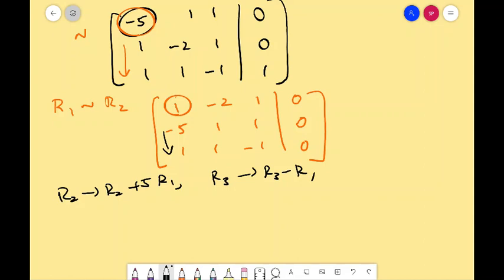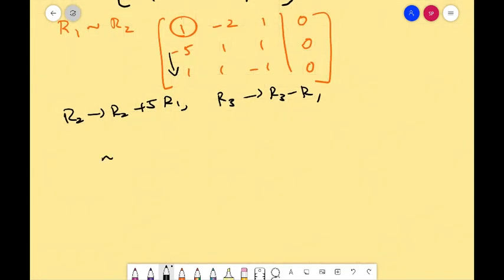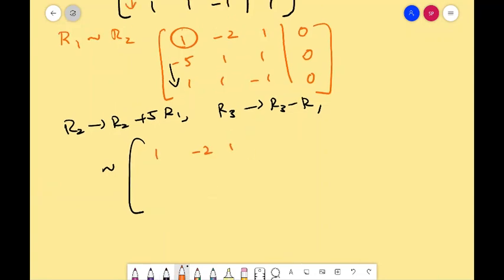This will give me 1 minus 2, 1, 0; then 0, 1 minus 10 is minus 9, 1 plus 5 is 6, 0; and then 0, 1 minus of minus 2 is 3, and 1 minus 1 is minus 2.